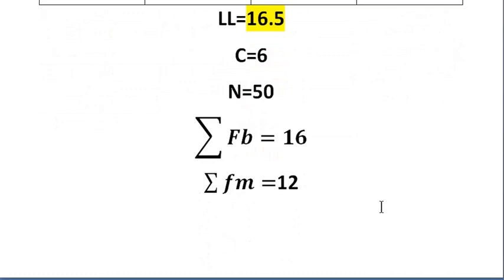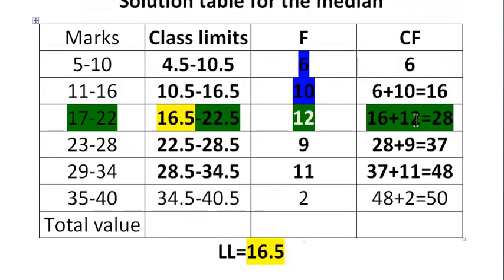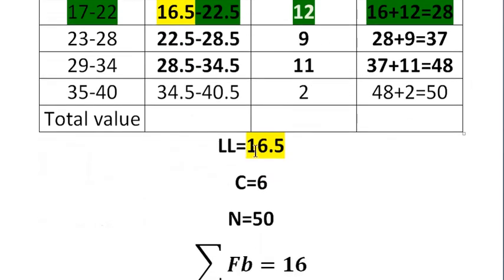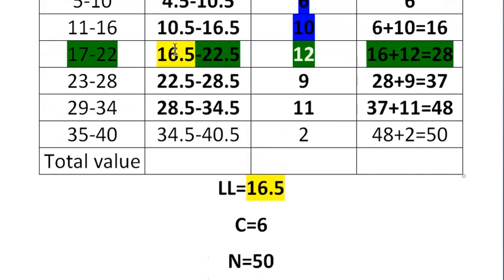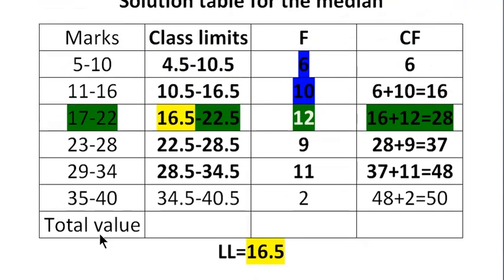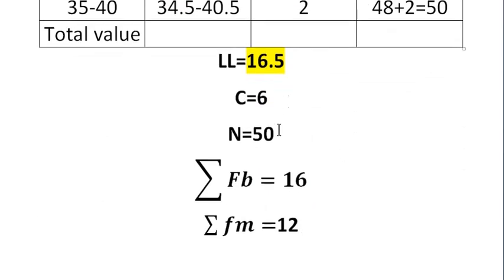Okay, so see the way we traced everything. That is what you should be after. First of all, locate the middle class, which is this green marker. Then secondly, locate the lower limit of that class, which is 16.5. Then the class interval. Vertically, we are subtracting: 11 minus 5 is 6, 17 minus 11 is 6, and so on. N is the total number of frequency given in the question. Sigma fb is 16, then sigma fm is 12.